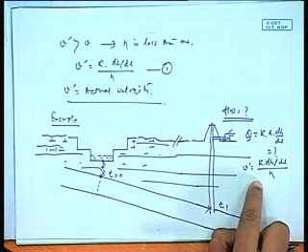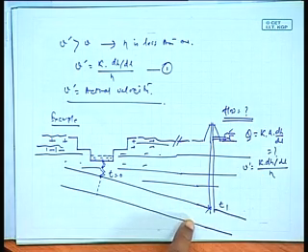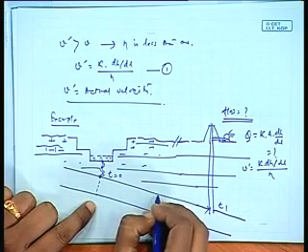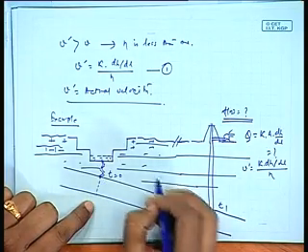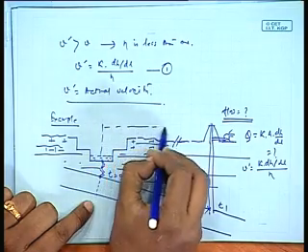So we can find out the actual velocity at which this water is moving. So if you are considering a distance d, you either measure this distance from here or this distance from here.